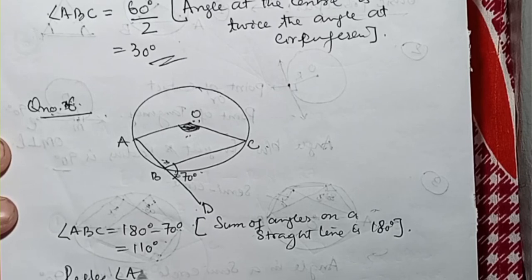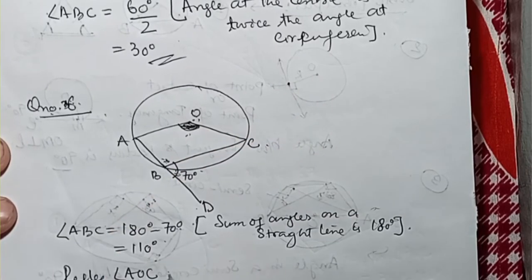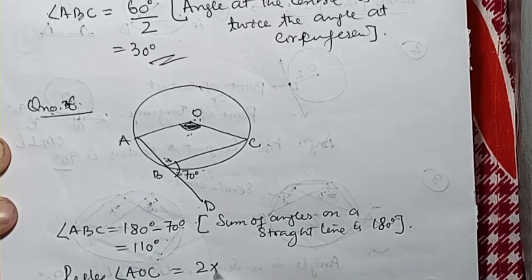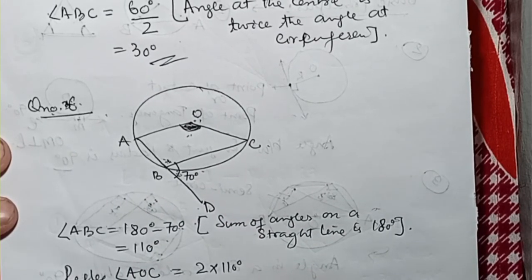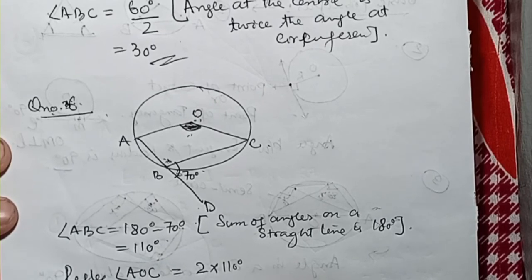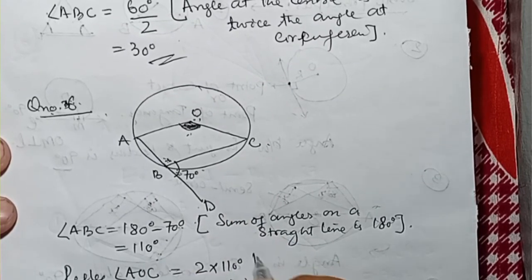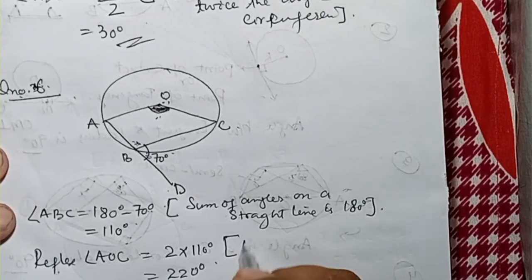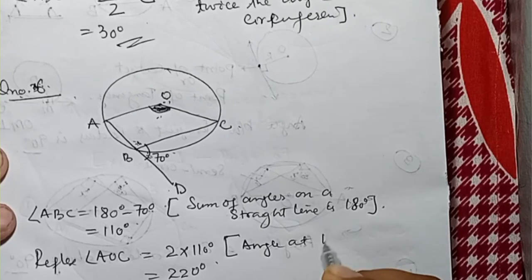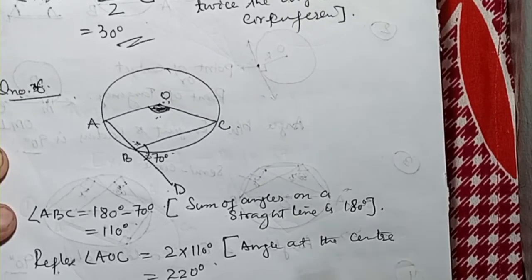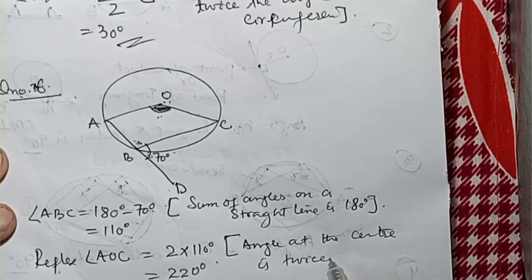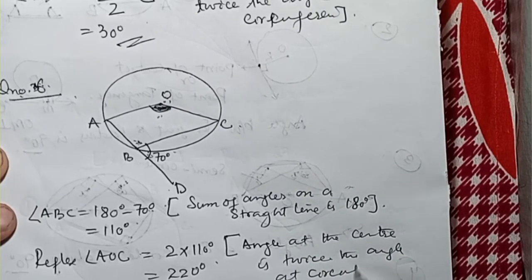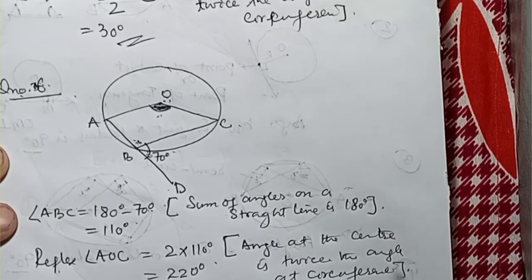Reflex angle AOC means this angle will be twice this angle, that's 2 into 110 degrees, that is 220 degrees. Why? It is the same reason we used in question 1 and question 2: the angle at the center is twice the angle at the circumference of a circle.